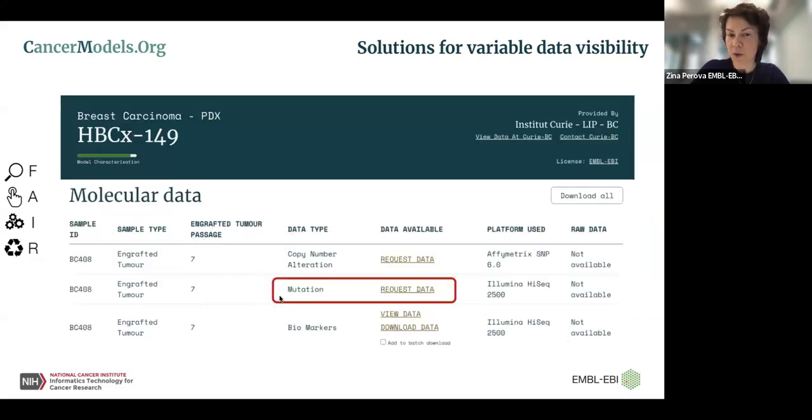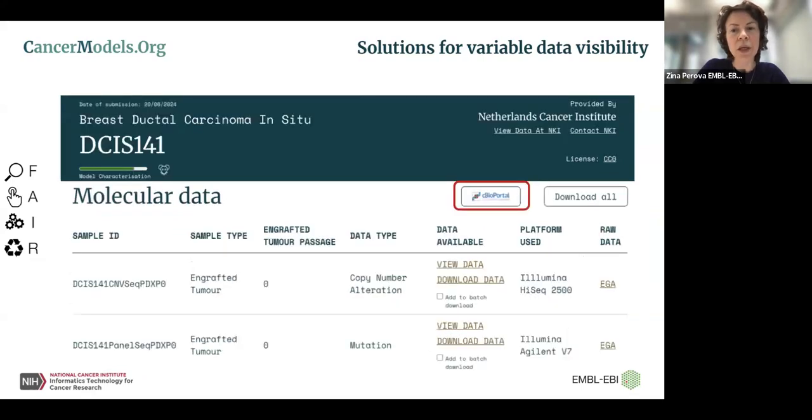However, when going to the model page, it wouldn't be possible to view the data within the portal, but a request will need to be made to the model provider. This is done due to some restrictions on the data visibility, which are either because of data agreements or other reasons. Most of the data, though, is available to view through the platform.